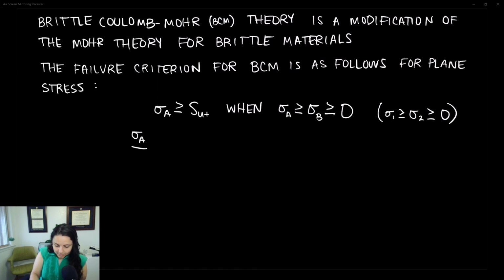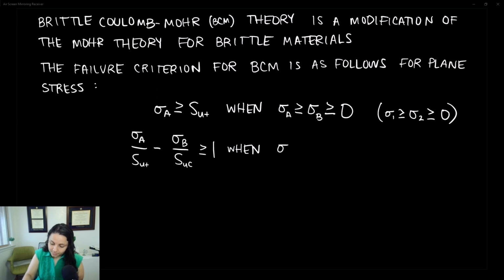We will use the full, longer form of the Coulomb-Mohr theory for this next scenario, which says that sigma A over SUT minus sigma B over SUC is greater than or equal to 1. If that criterion is achieved, then we predict failure. And we will use this when sigma A is greater than 0 and sigma B is less than 0.